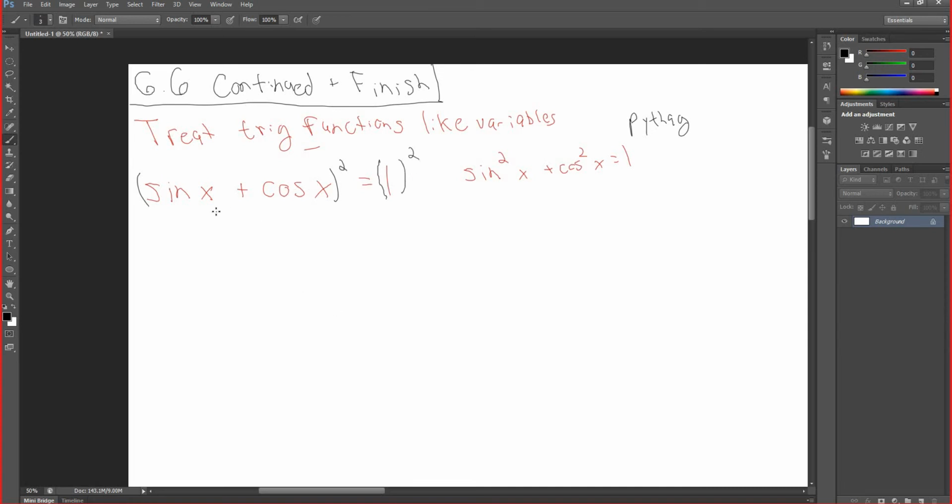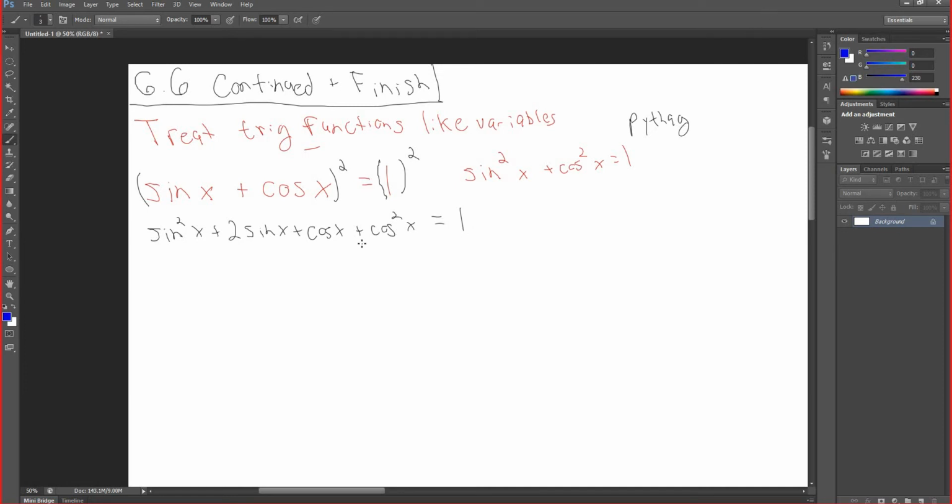And then on the left, I'm doing the algebra out. This will be sine squared of x, then 2 sine x cosine x, and then cosine squared x. And this is going to equal 1.